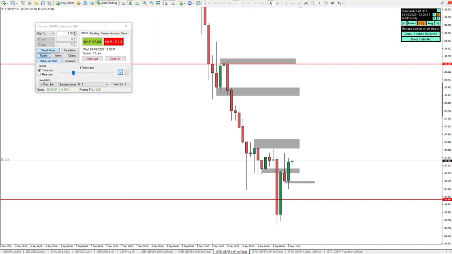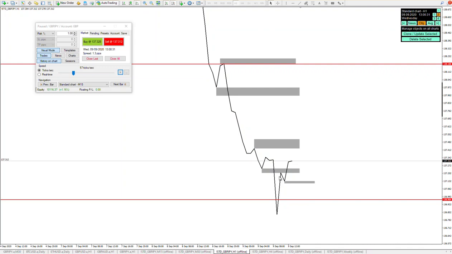So yeah, this is really looking nice. That probably we get a chance, a trend change here.